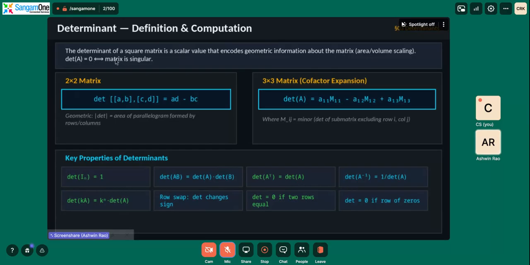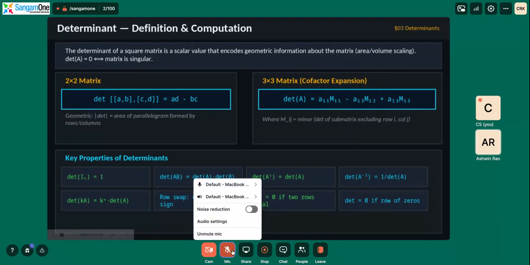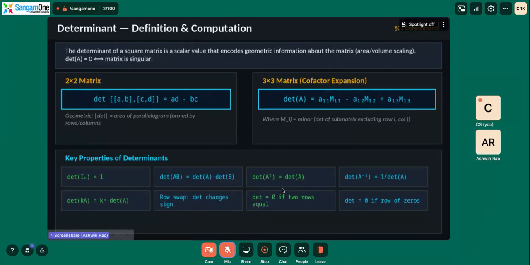Determinant of A equal to 0 usually represents that the matrix is singular. A 2 cross 2 matrix involves this formula, whereas 3 cross 3 involves cofactor expansion with this formula. Here the minus is there because of the transformation, and then comes the plus combination.